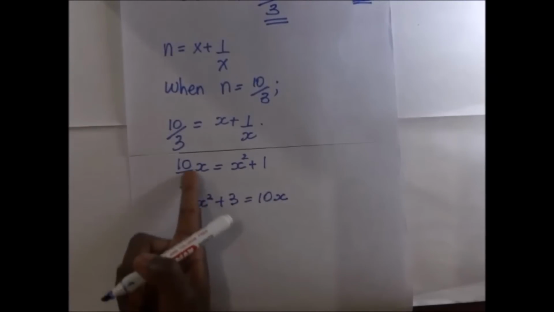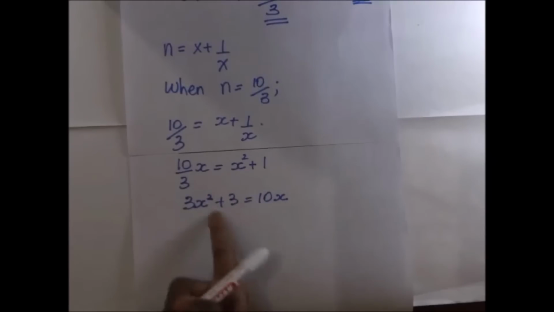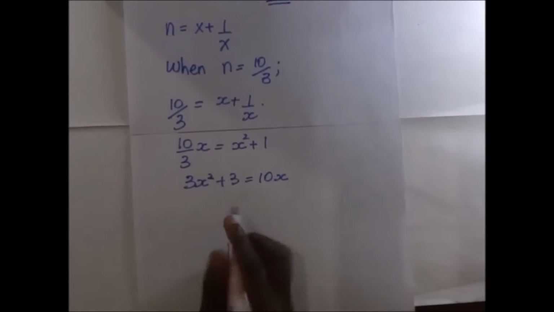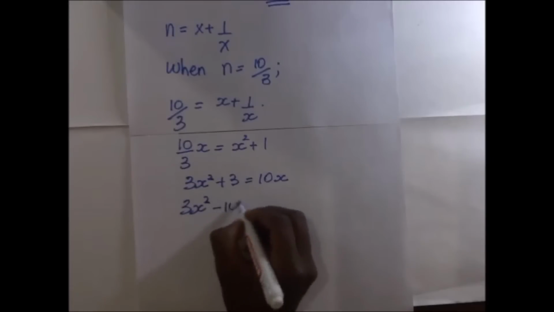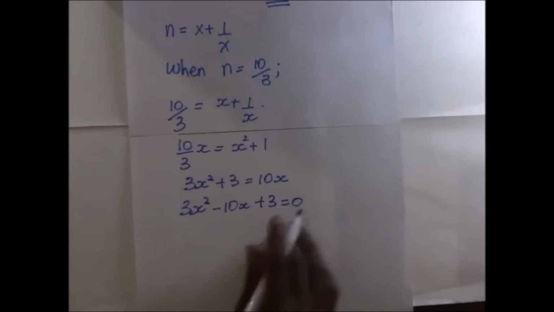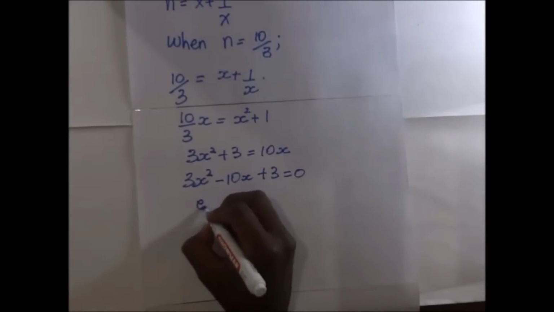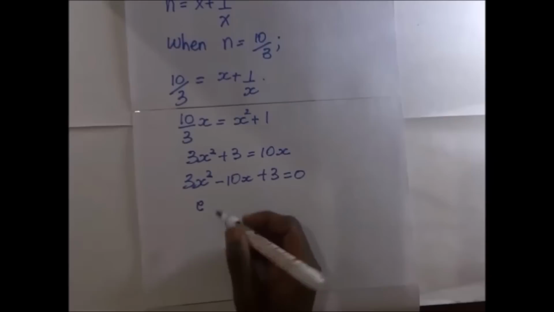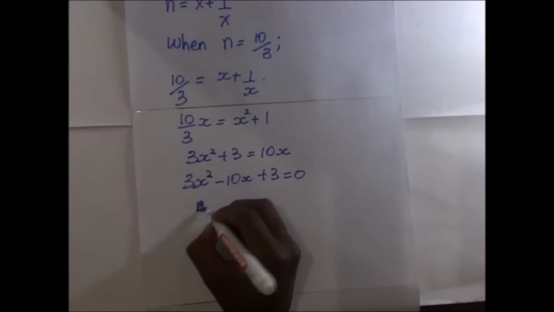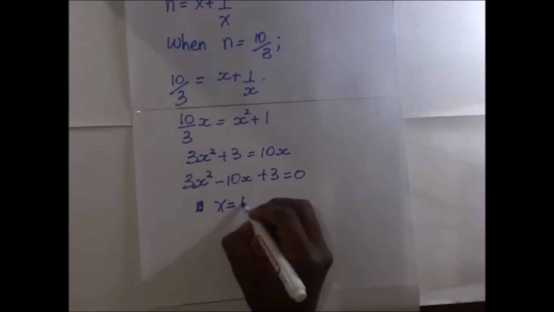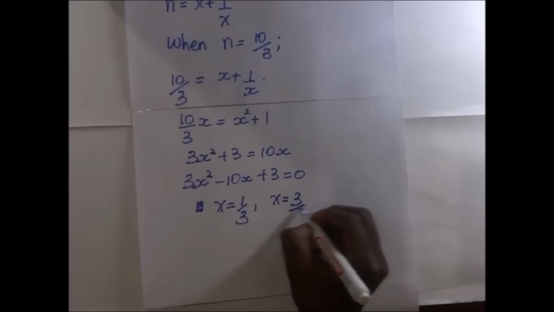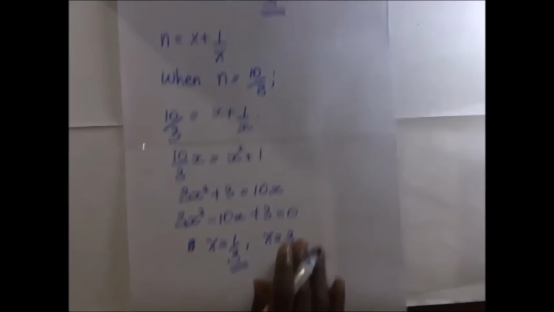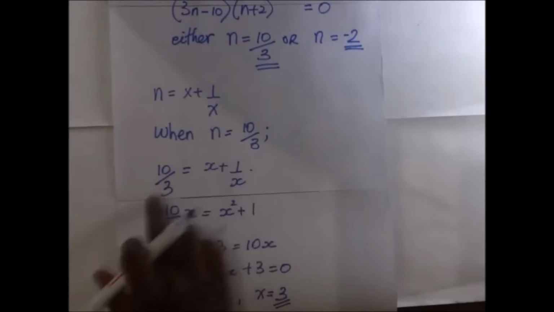We multiply by 3 throughout, make it a flat equation and reorganize it. We end up with a quadratic equation here. Solving this quadratic equation is going to give us x. x will either be a third, or x is going to give us 3. That is when the value of n is 10 over 3.